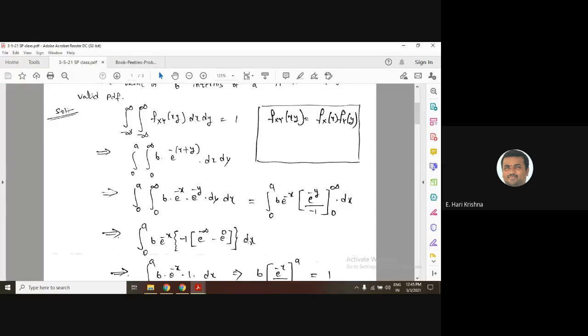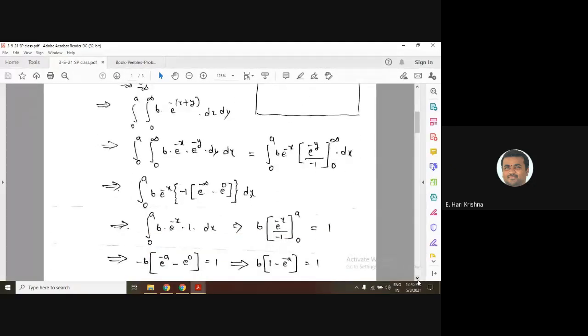So e power minus infinity is 0 minus e power 0, which is 1. So minus 1 multiplied by minus 1 leads to plus 1. The remaining integral is the integral from 0 to a, b into e power minus x into 1 into dx.